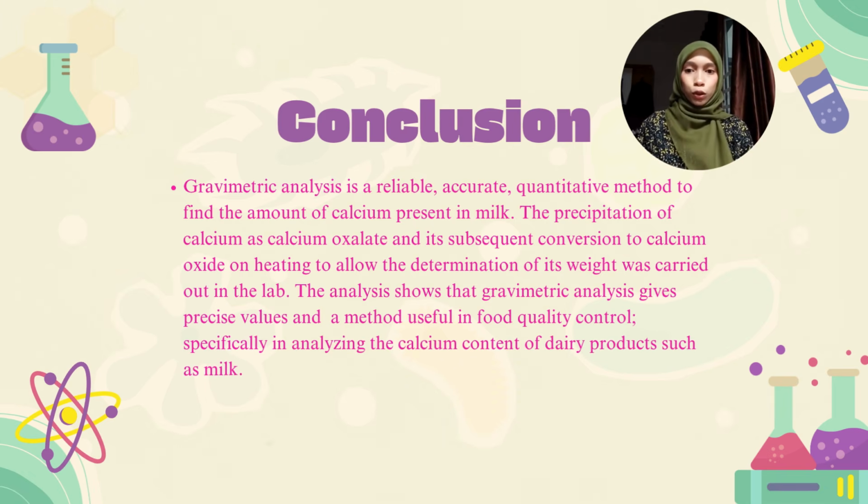The analysis shows that gravimetric analysis gives precise values and is a method useful in food quality control, specifically in analyzing the calcium content of dairy products such as milk.